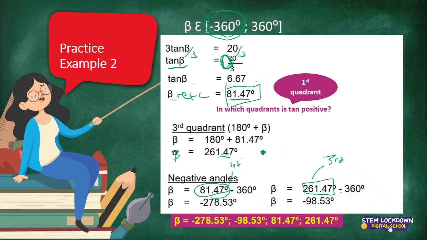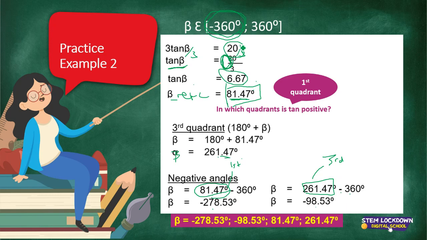I'd like you guys to pull out a calculator, choose one of the 4 numbers in here, and key into your calculator tan of 81.47 or tan of minus 98.53, and you're going to find that your answer keeps going back to 66.67. Otherwise, you will say 3 tan of minus 278.53, for example, and your answer should go back to 20.